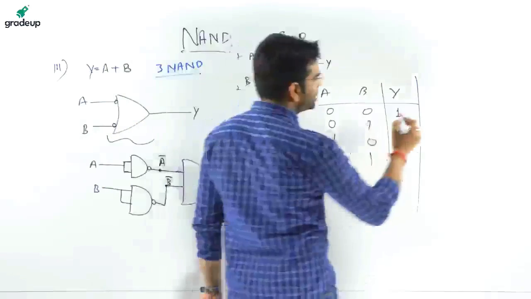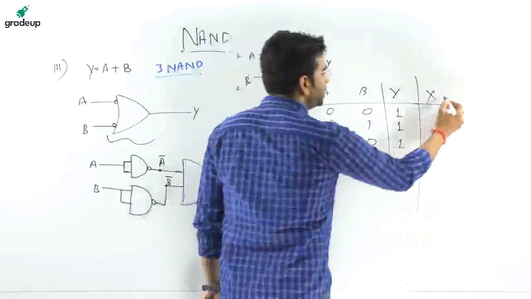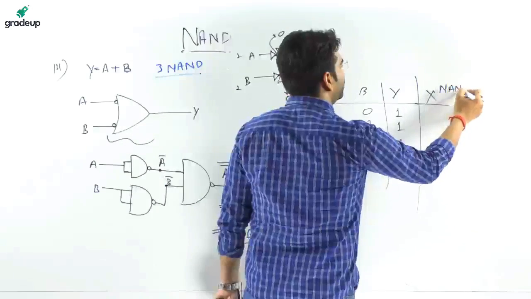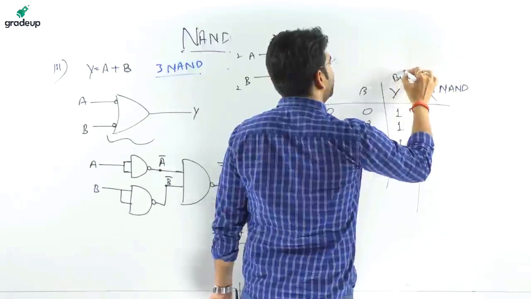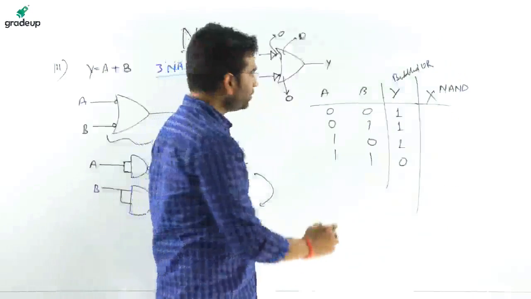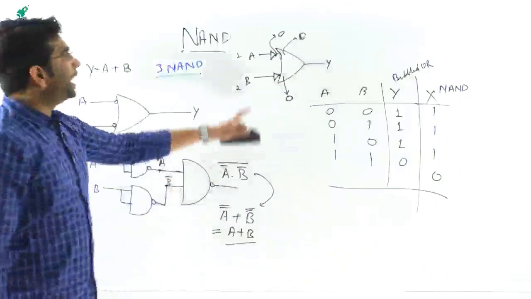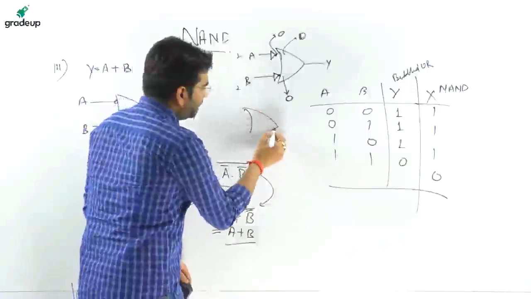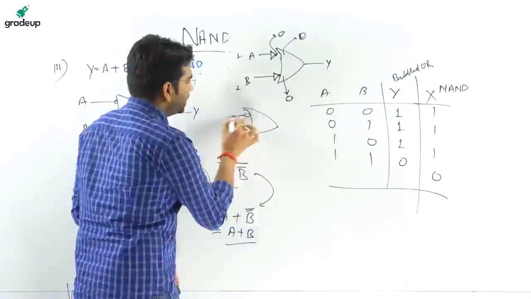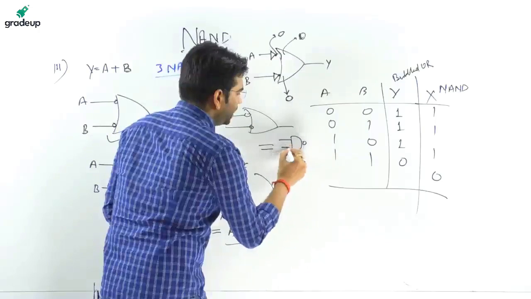Suppose the output was X, it is the NAND gate output, and it is the bubbled OR gate. So here we come to know that a bubbled OR gate is a NAND gate.